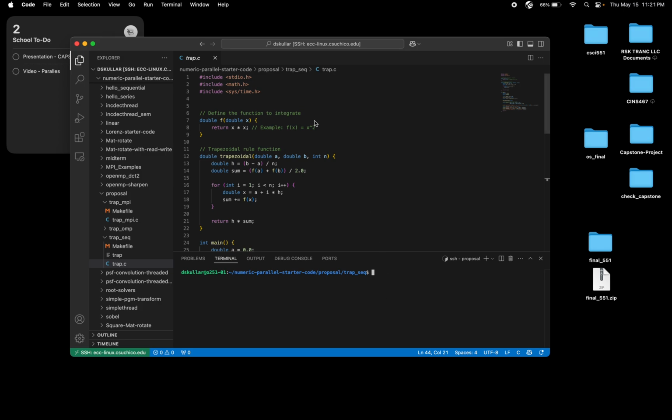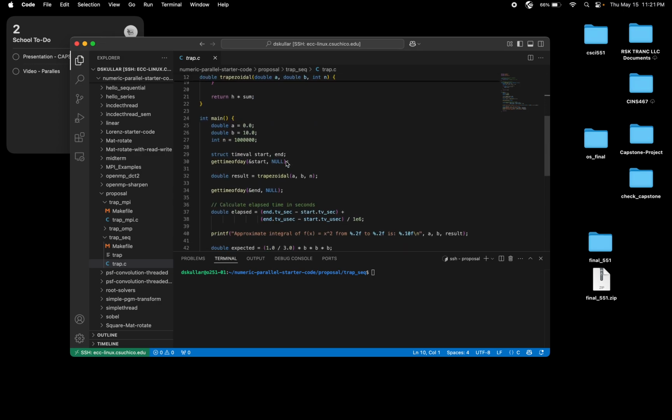We used f of x equals x squared over the interval 0 to 10. We also measured the execution time so we can evaluate the speedup. We mostly did this in our OpenMP and MPI versions.